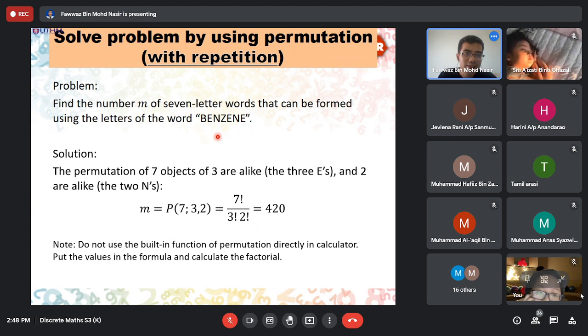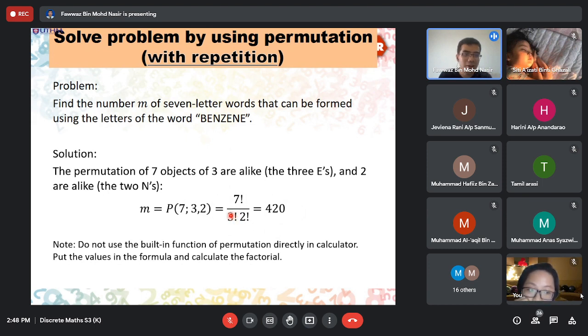Okay, so sama juga dalam this case, berhati-hati, kita tak boleh pakai directly kita punya calculator. Okay, kita kena guna formula, substitute dulu dia punya appropriate nilai into the function. After you get this fraction, then you can use your calculator.